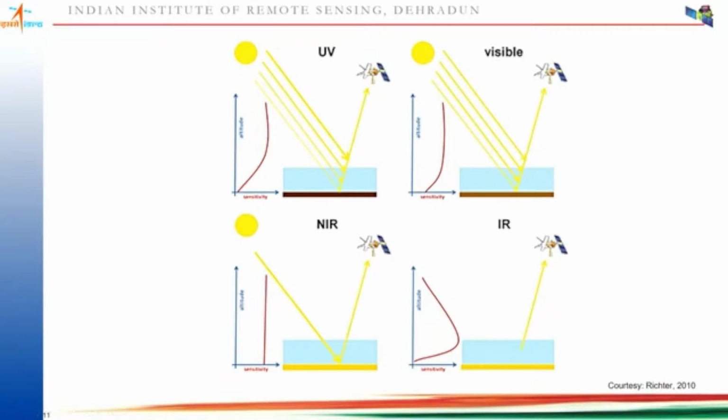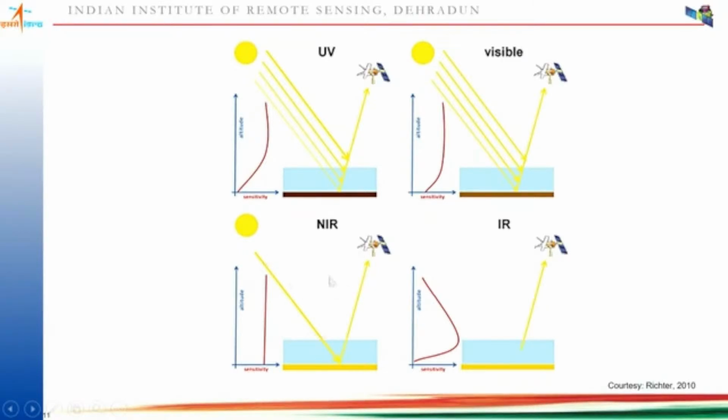Now in the near infrared, the scattering is not of much relevance, and the thermal emission is also weak. Both of these are weak in nature. As a result, the photons which the sensor measures interact homogeneously.